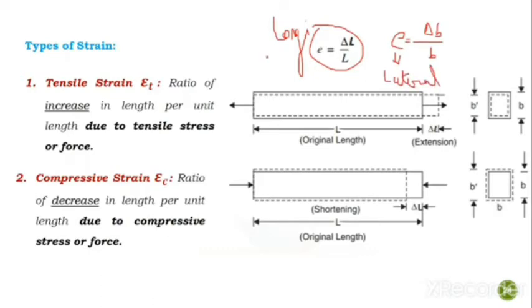So we have longitudinal strain and lateral strain depending upon the dimension which is deforming. This is the classification made based on the dimension being deformed. If the deformation is in the lateral direction, that is lateral strain. If it is seen in the longitudinal direction, that is called longitudinal strain. So this is about tensile strain, compressive strain, and longitudinal and lateral strain.